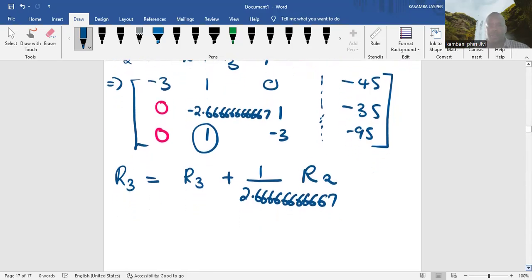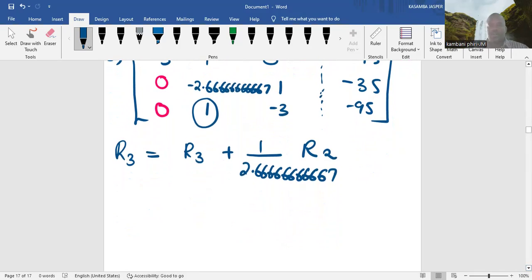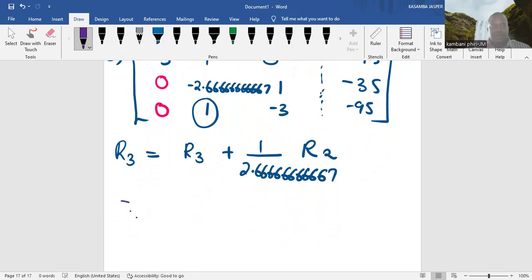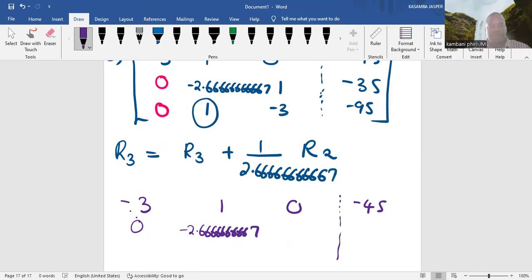So row 1, row 2 now will be repeated. You're going to have negative 3, 1, 0. Then here we have negative 45. So row 2 is 0, negative 2.666. Then there is 1 and negative 35.